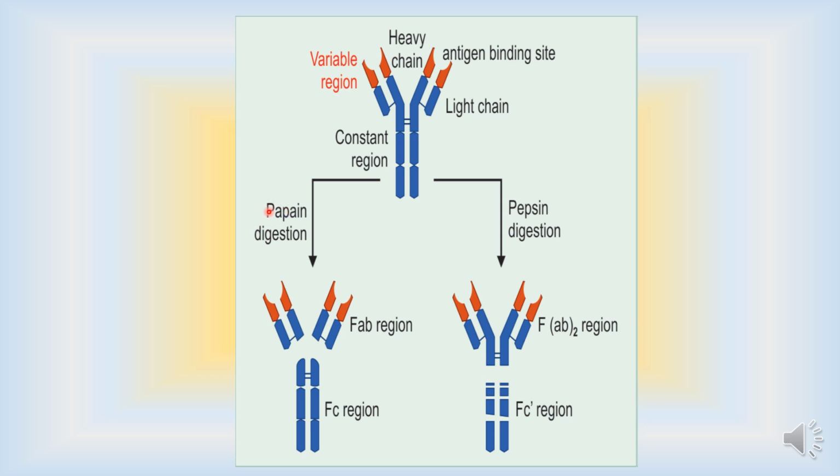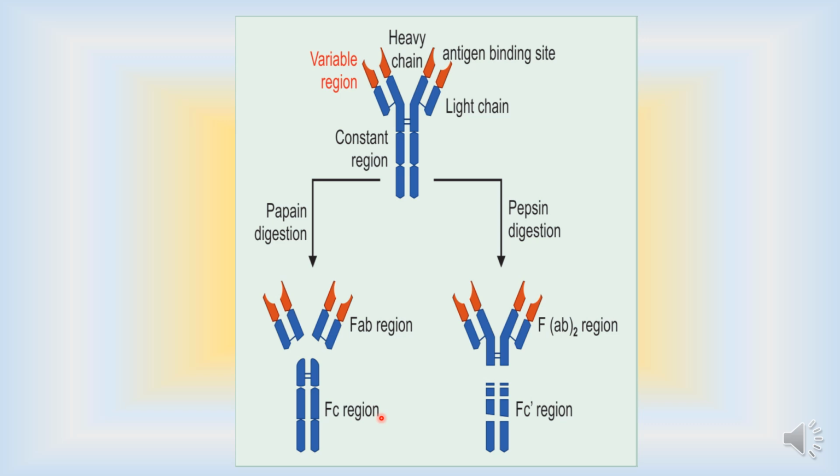One is the papain and second one is pepsin. When papain acts on an immunoglobulin, we receive three fragments. Two fragments of Fab region, which are known as the fragment antigen binding region, and the second region that we receive is the Fc region, which is the fragment crystallizable region.